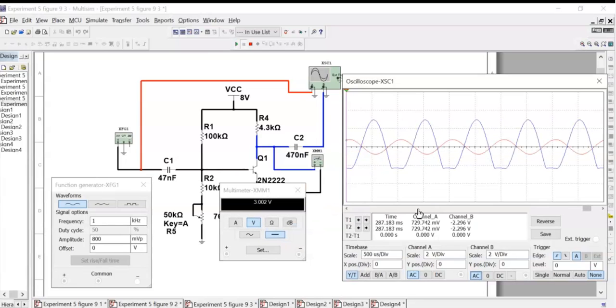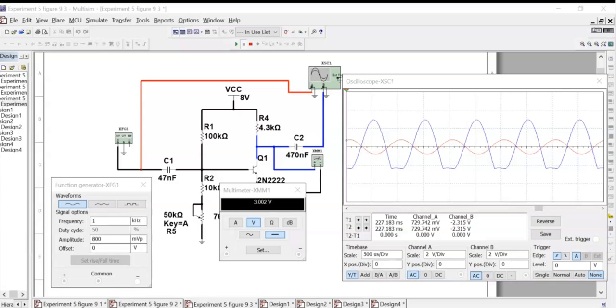So we need to get the output waveform. Ano sabi niya? Measure BCE, yun na nga 3 volts, then record the output waveform. So record lang natin. So this will be the output waveform.